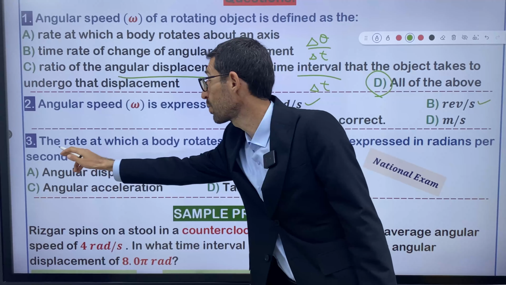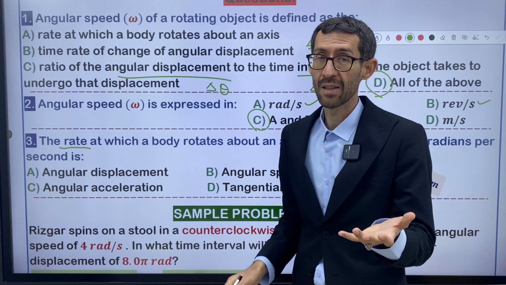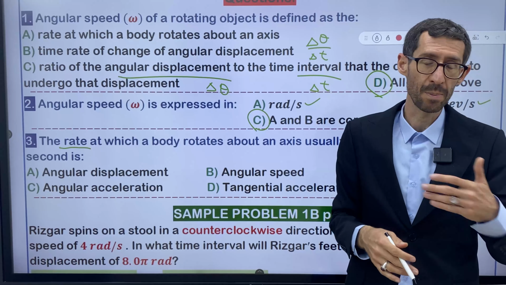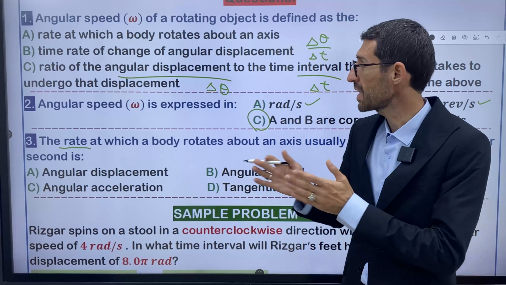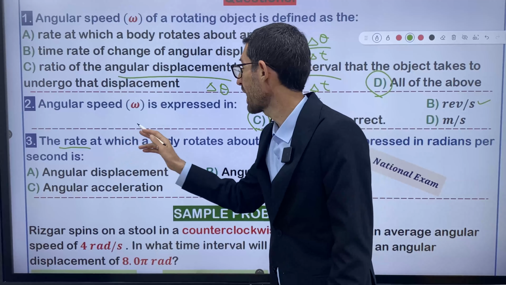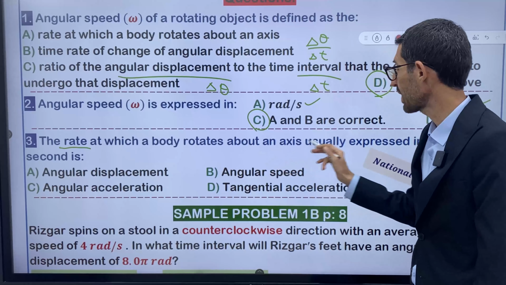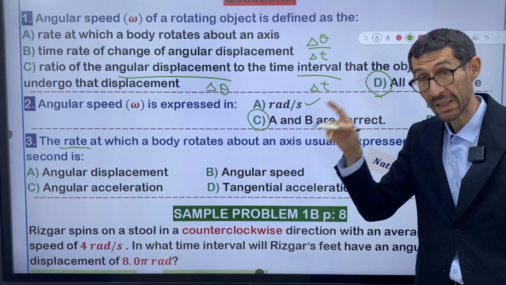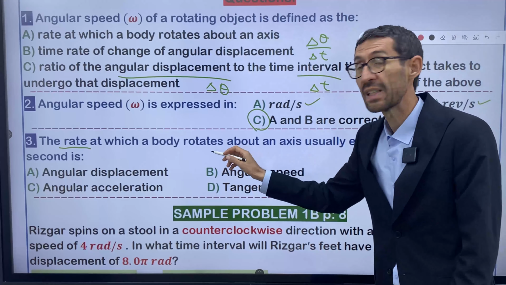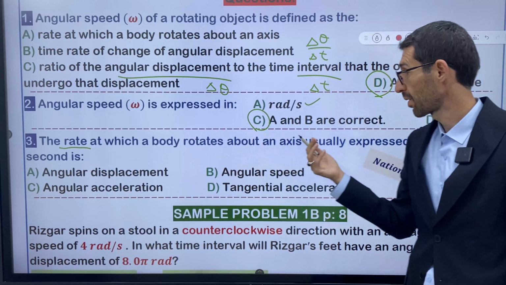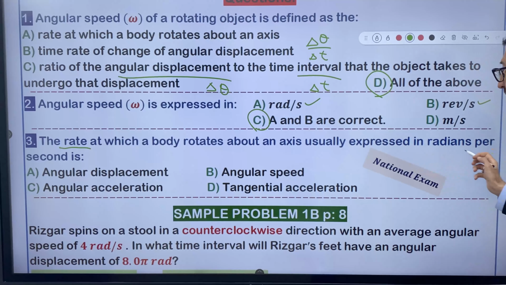The rate, I told you, means the time rate, whether it mentions the time or not. The time rate at which a body rotates about an axis. It talks about angular displacement, right? Usually expressed in radians per second.